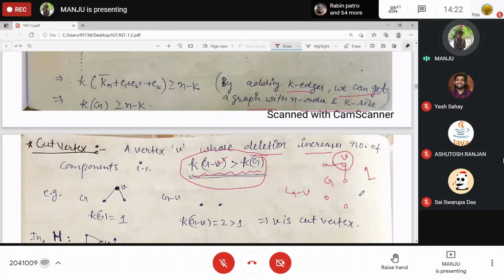And in G minus V we have two, right? So this is strictly greater than 1. That's why V is the cut vertex. Clear? In case of a connected graph, V is a cut vertex if the removal of that vertex disconnects the graph. And in case of a disconnected graph, it is already disconnected, so the removal increases the number of components. Clear?